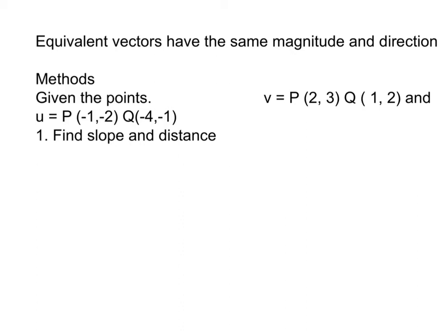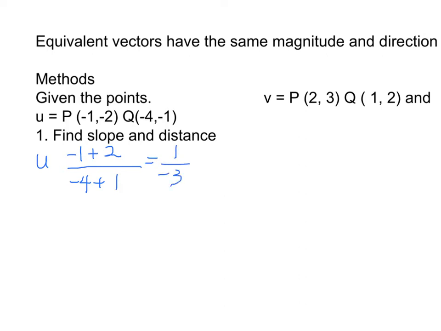All right? I'm going to let you in on a secret. These two vectors are not equivalent. And I'm going to show that by finding the slope between these. So you want to find the slope of the u vector, which is going to be y minus y over x minus x, which is going to be 1 over negative 3.